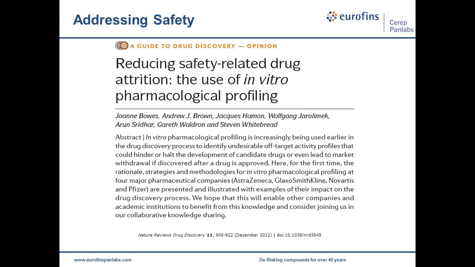The idea was to come up with a panel of assays, primarily oriented towards safety, that could be run, that made sense, and that were very information rich. It was a very nice piece of work done by all these people, and they came up with a panel of about 44 different targets, each of which was closely linked to fairly well-known drug liabilities.